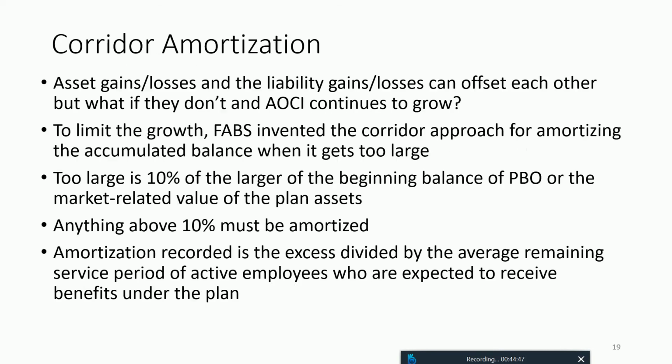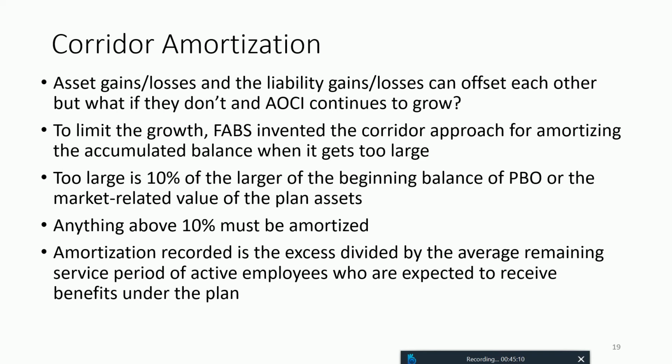Now, the question is, when do we amortize? In order to amortize any gain or loss, we need to look at something called the corridor. Asset gains and losses and liability gains or losses can offset each other.